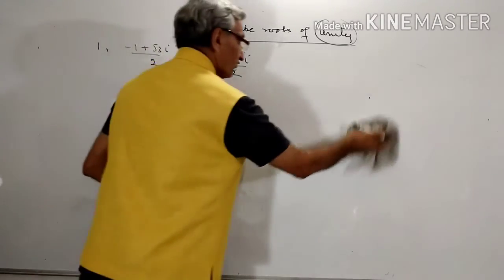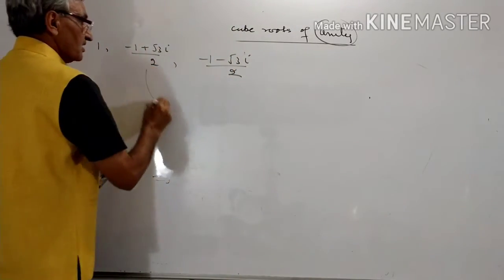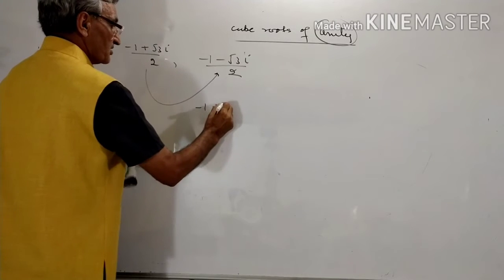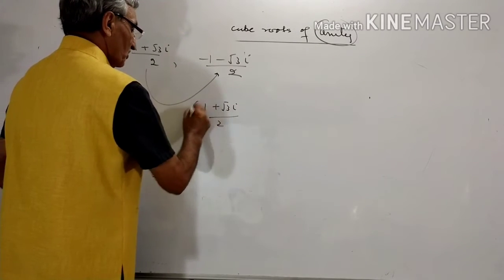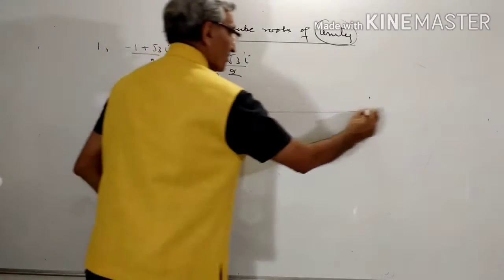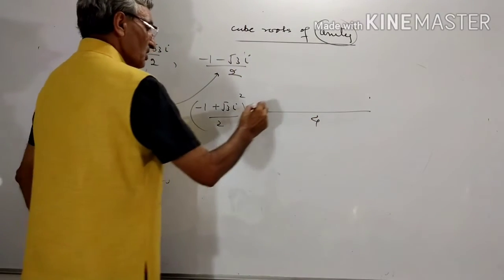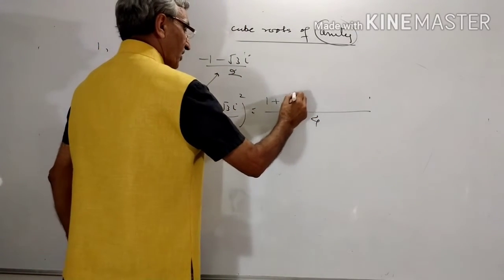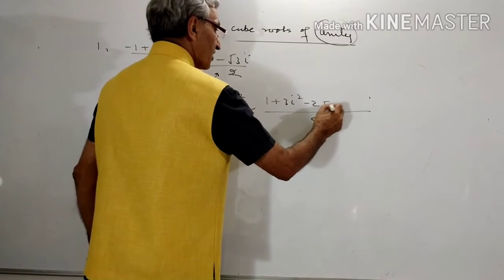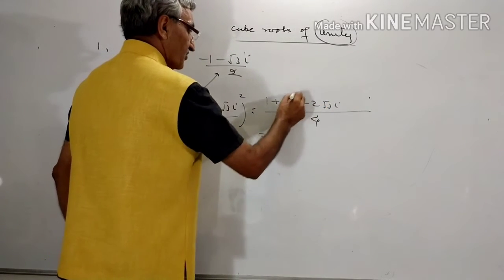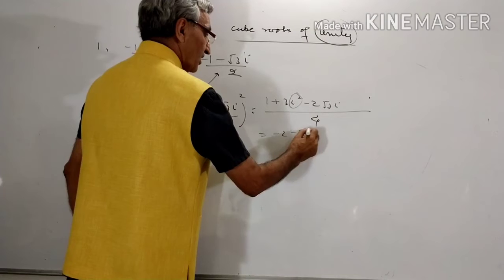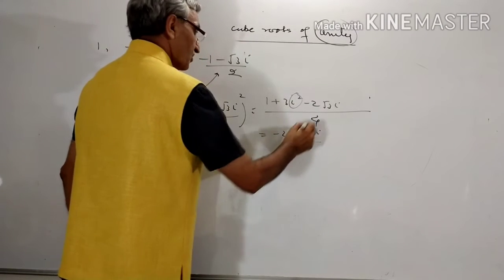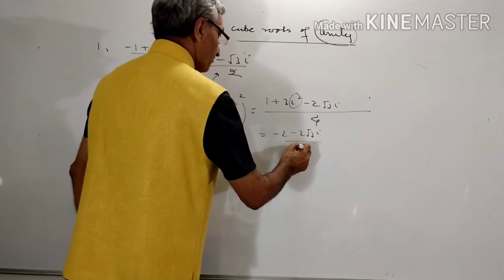Now you can look at the properties of these. When I square minus 1 plus under root 3 iota divided by 2, I get 1 square plus 3 into iota square minus 2 into under root 3 iota, divided by 4.